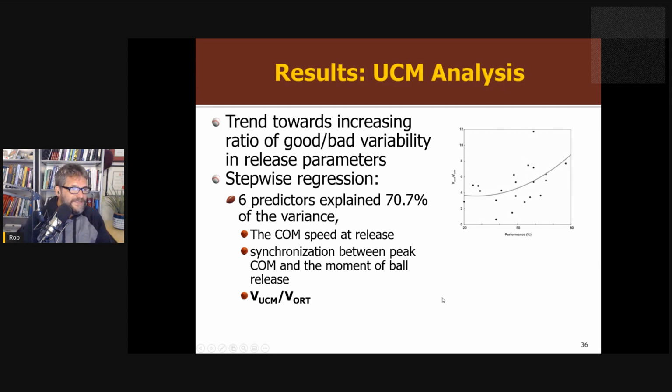And what they found was that this ratio of good to bad variability was a significant predictor. Okay, so it does seem that restructuring this variability, allowing your shot to adjust from shot to shot, movement variability, but in the right way, is important for performance. Maybe it's not as strong as evidence from other sports, and I'll talk about that at the end.